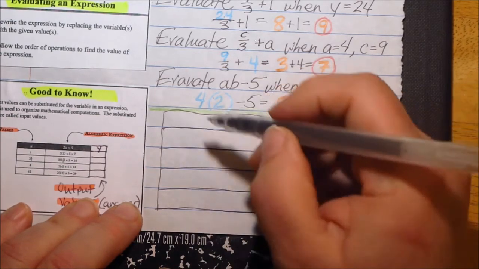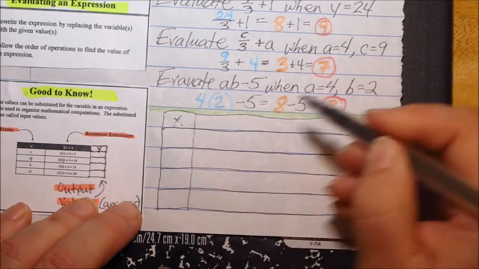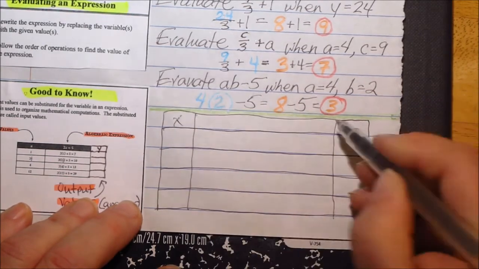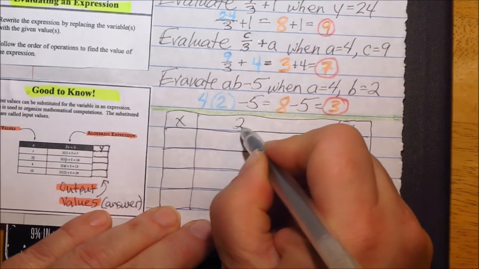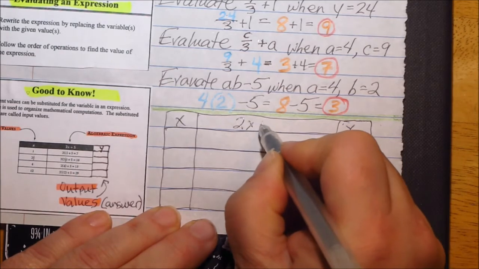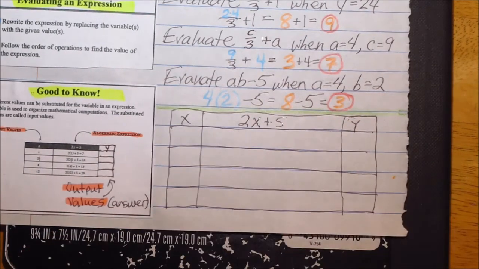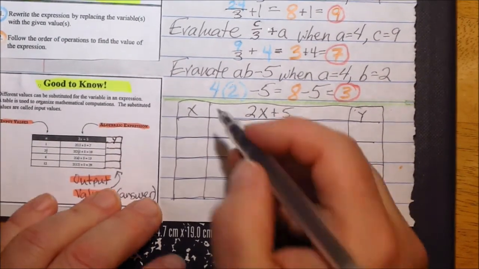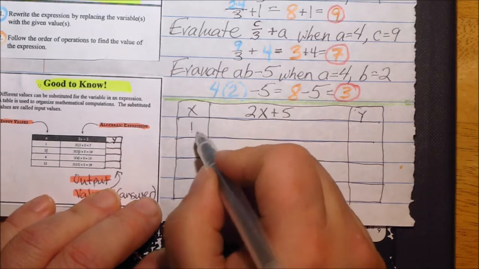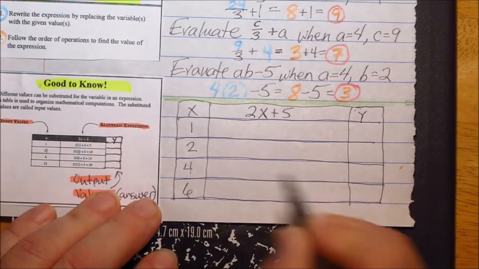This one is going to be X, this one is going to be Y, that's my output, my answer, right? And the expression that we're going to use is 2x plus 5. My input values are going to be 1, 2, 4, and 6.